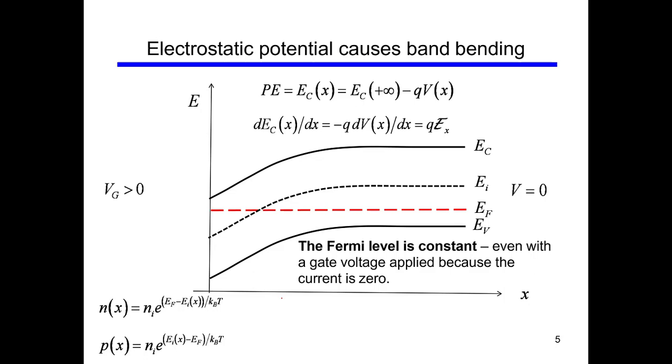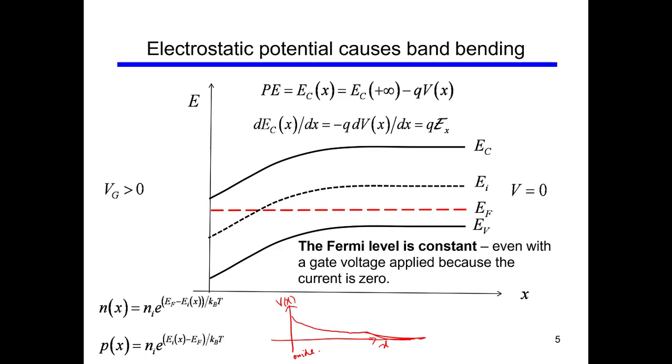So in the previous slide we saw that we applied a voltage Vx, and this was our x, and it was something like this, that near the oxide it was greater, and as we move away from the oxide it becomes negligible.